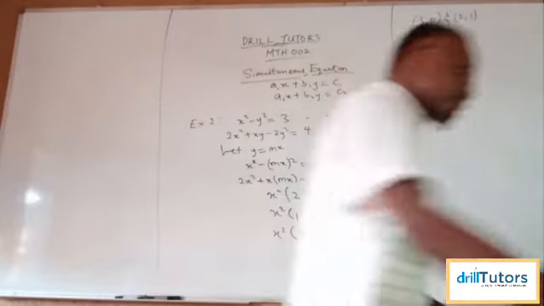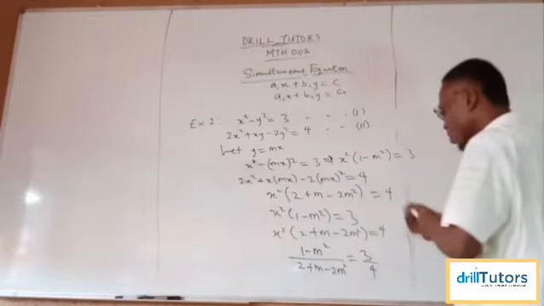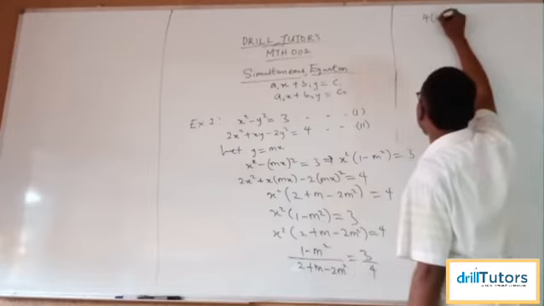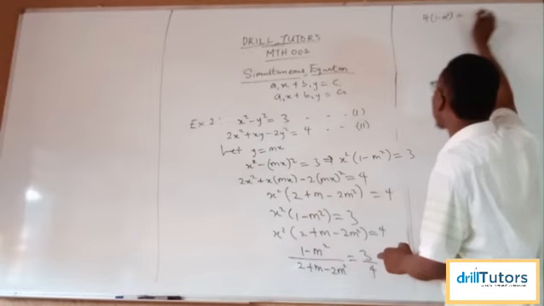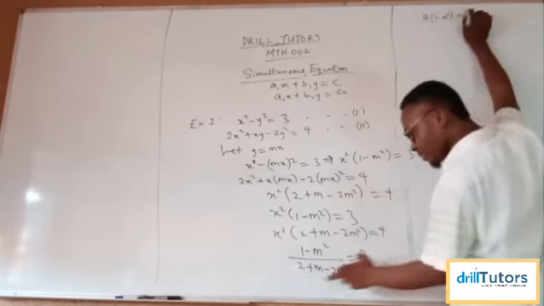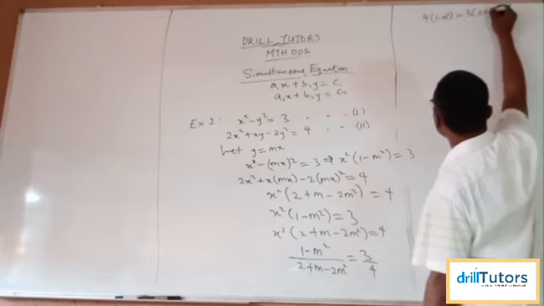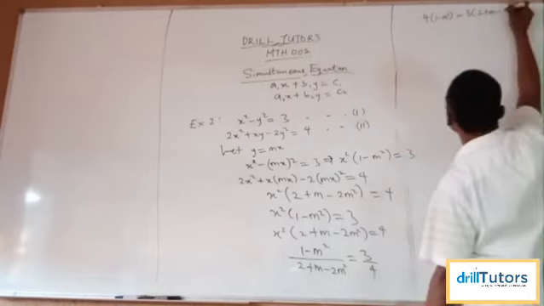If that's the case, then our results from here will be simply the same thing as 4 multiplying 1 minus m squared to be equal to 3 multiplying 2 plus m minus 2m squared.